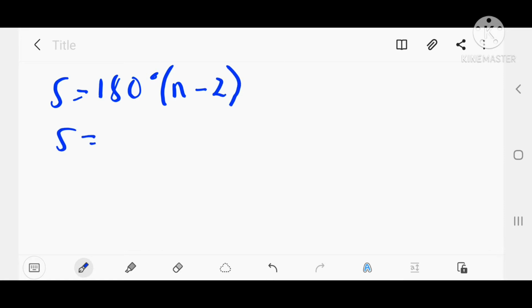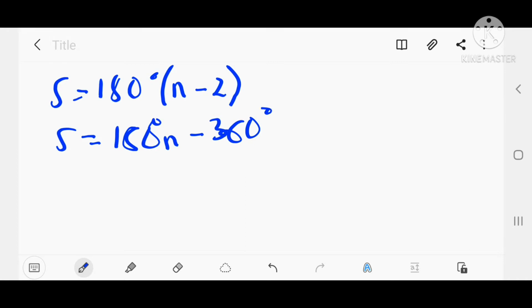We know for the sum of interior angles of a polygon, we have x equals 180 degrees (n minus 2). When we expand this, we get x equals 180 degrees n minus 360 degrees.